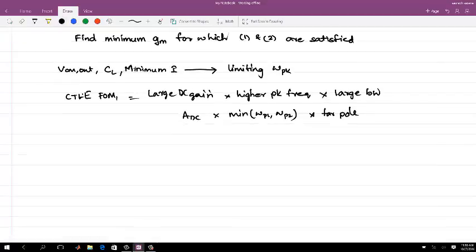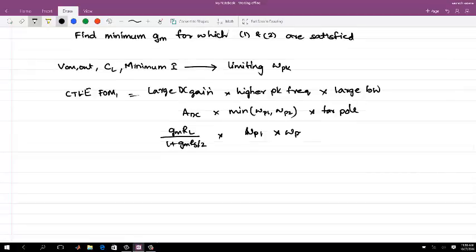Let's say the DC gain is GM RL by 1 plus GM RS by 2. Let's say omega P1 is the dominant pole, and omega P2 is the far off pole.